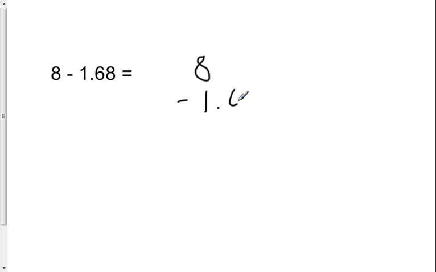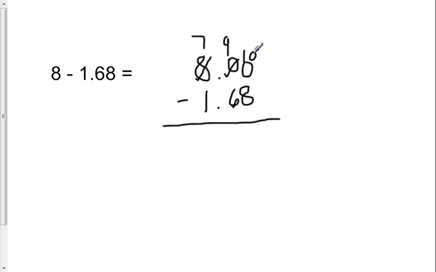Especially in subtraction, it is helpful to attach zeros. The decimal points will line up. I'll add 2 zeros. It doesn't change the value of my number at all. And then I'm ready to subtract. So this becomes a 7 because I'm going to trade 1 from the 80.